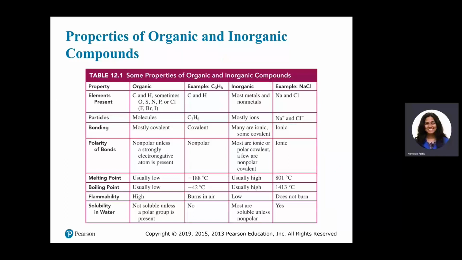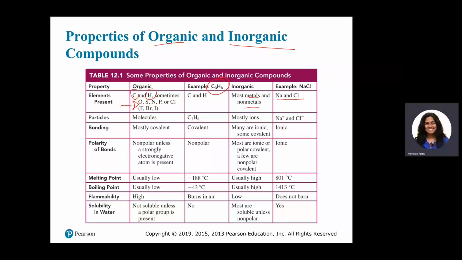This table categorizes the properties of organic and inorganic compounds. What are the elements present in organic compounds? Yes, mainly carbon and hydrogen, and they may contain all other nonmetals. As an example, this is an organic compound. Inorganic compounds consist of metals and nonmetals, like sodium chloride.